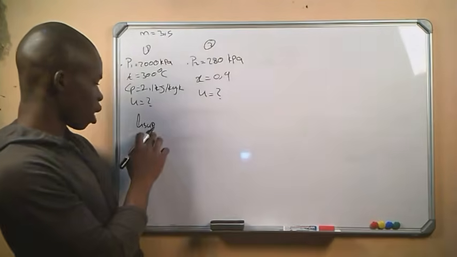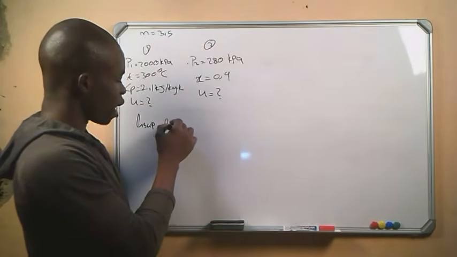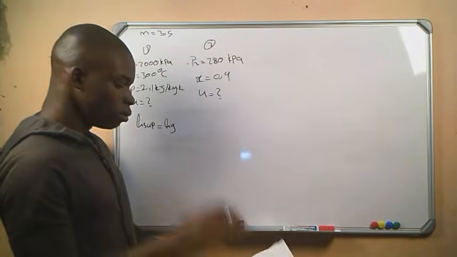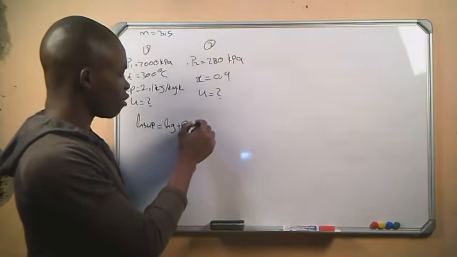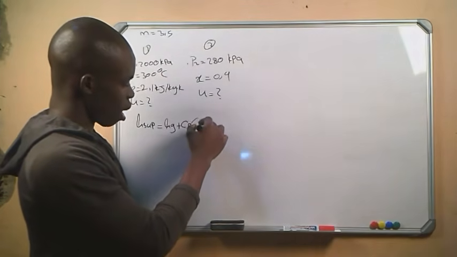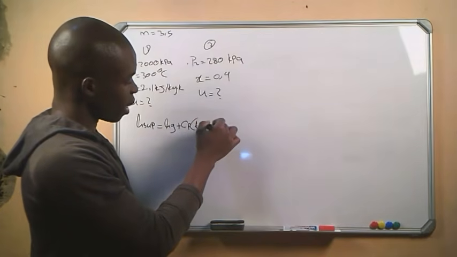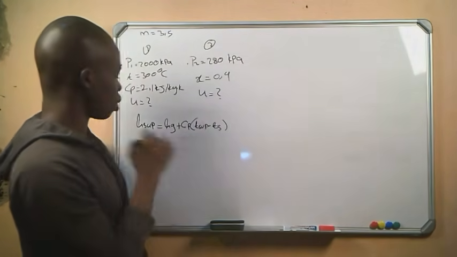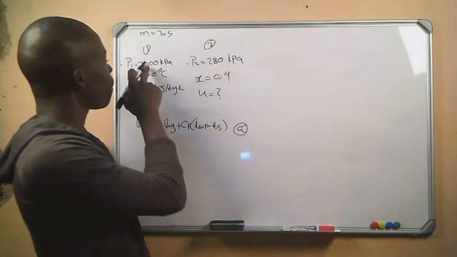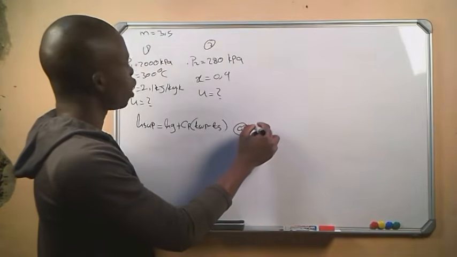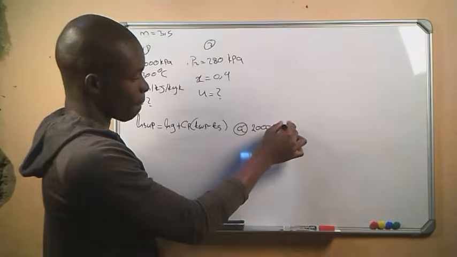We can get our H sup by the formula Hg plus specific heat capacity times T sup minus saturation temperature at a pressure of 2000 kilopascal.